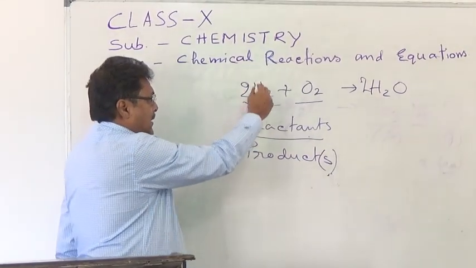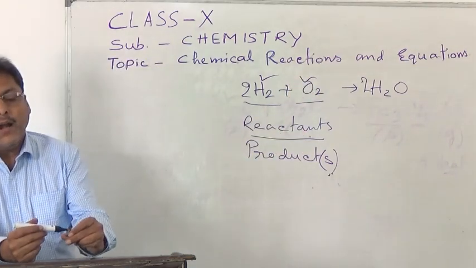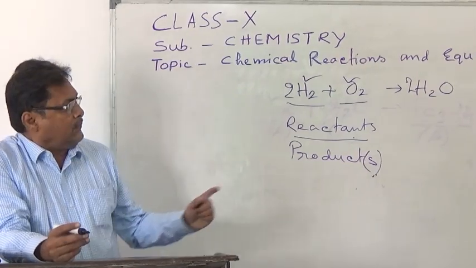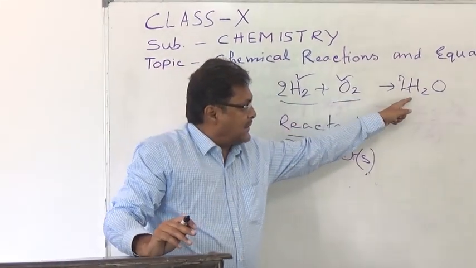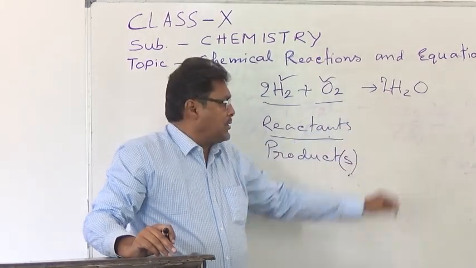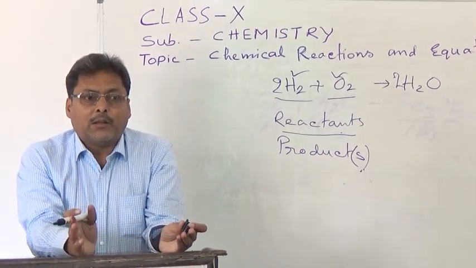In this reaction, hydrogen and oxygen, these two are reactants. And the new substance that is produced is the product. Am I clear on these two points?